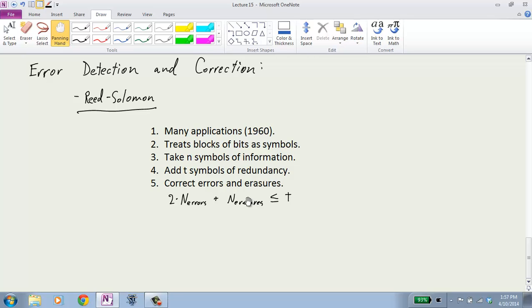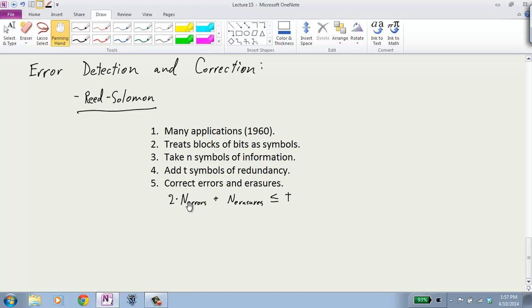So you have this symmetry where it's obvious you could erase all the redundancy symbols and get them back, but you can erase any symbols you want, as long as you don't exceed that number, and you can get them back. And then the errors are kind of twice as hard as an erasure. If you have an error in a symbol and you don't know where it is, then you have to have fewer of those to be able to correct.